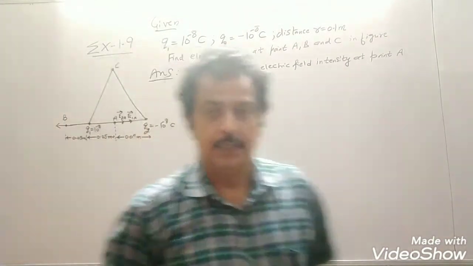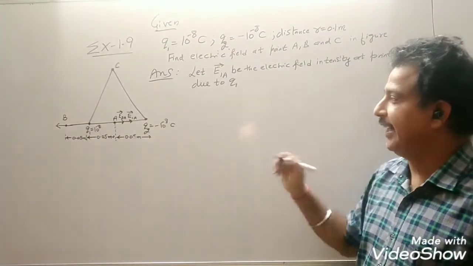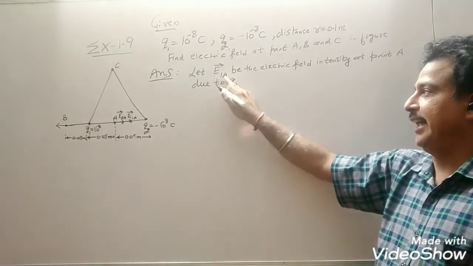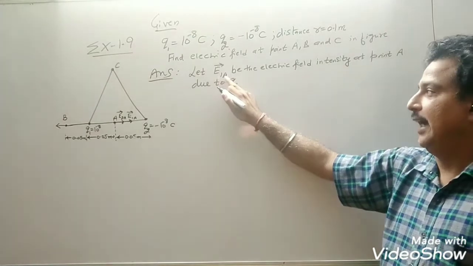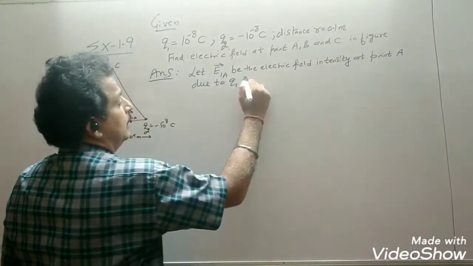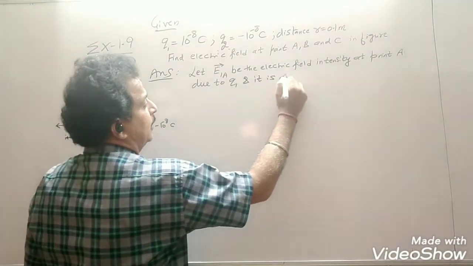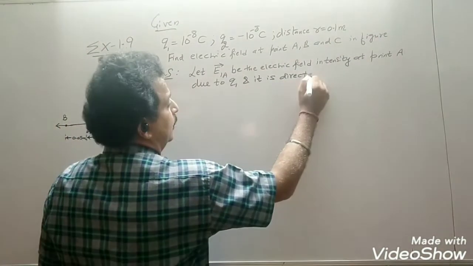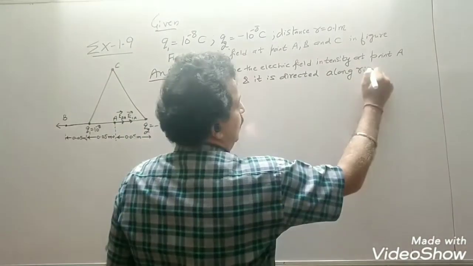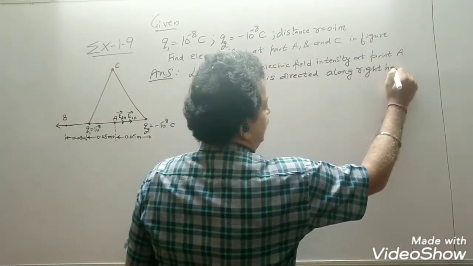Q1 is a source and the test charge is placed at point A. So we name it E vector 1A. 1 is the source and A is the test point, and it is directed along the right hand side.